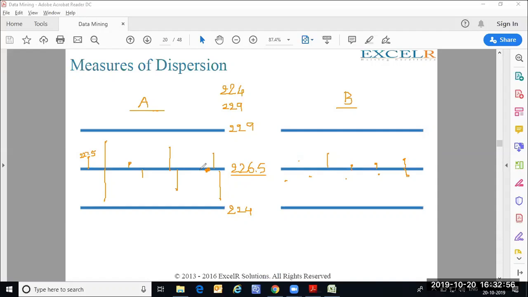So that's where your measures of dispersion give more information about the spread, which is nothing but the consistency with respect to the services or the production, in addition to the measures of central tendency. It's not good enough to look at the measures of central tendency. We also need to look at the measures of dispersion to get more information about the data.